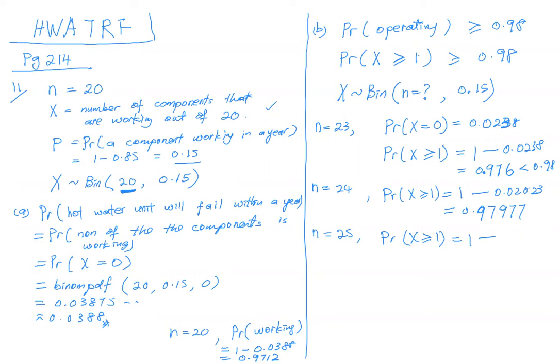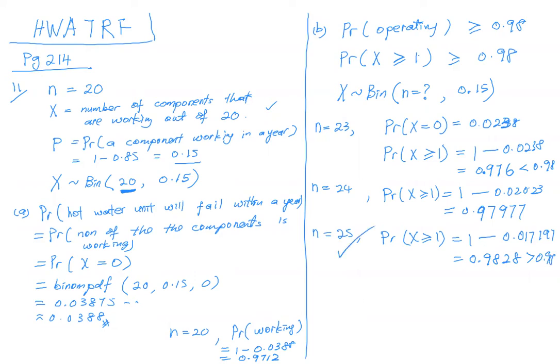So you got 0.017197. Okay. Answer minus 1. So you got 0.9828, which is greater than 0.98. So this is the smallest number. So you get the answer.